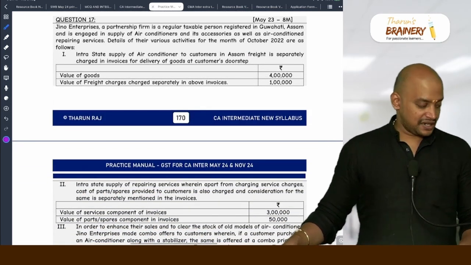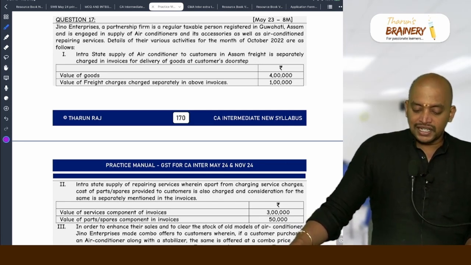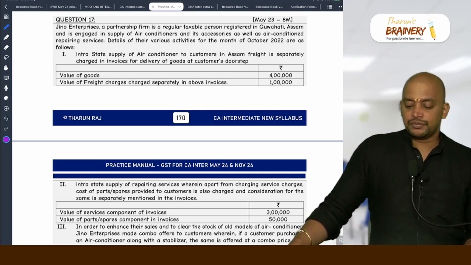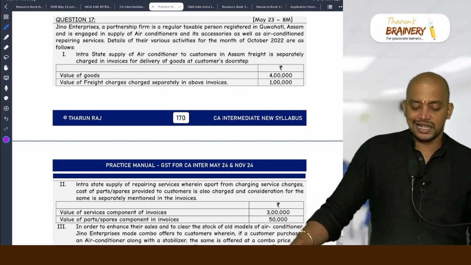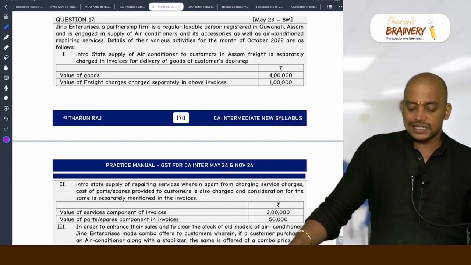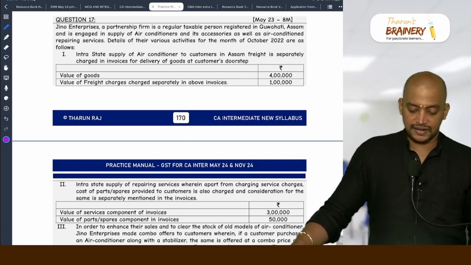Then question number 17. Gino Enterprises, a partnership firm, is a regular taxable person registered in Guwahati, Assam, and is engaged in supply of air conditioners and its accessories as well as air conditioner repair services.